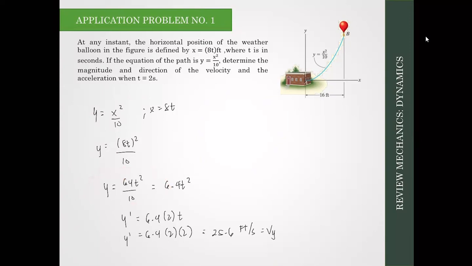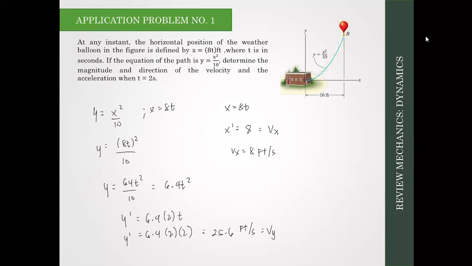Okay? And then yung sa x natin, x is equals to 80t. Okay? Kunin natin yung first derivative para makuha natin yung velocity. So first derivative niya will be equals to 80. And ang first derivative natin equals sa vx natin. Okay? So ibig sabihin, vx natin is equals to 80 feet per second. Okay? So meron tayong value for vx and vy.